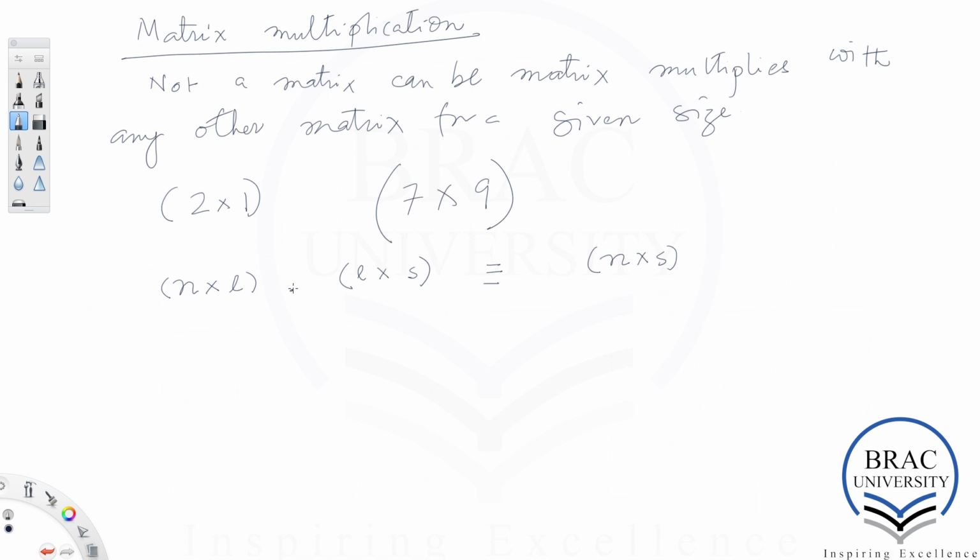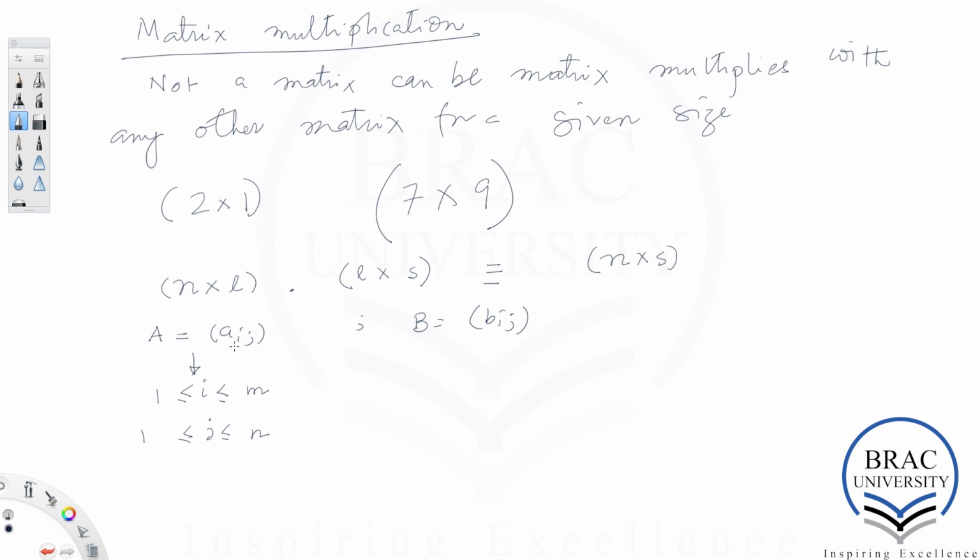Now suppose A is this matrix Aij and B is another matrix Bij. Here the integer i runs between 1 and m and the integer j runs between 1 and n.